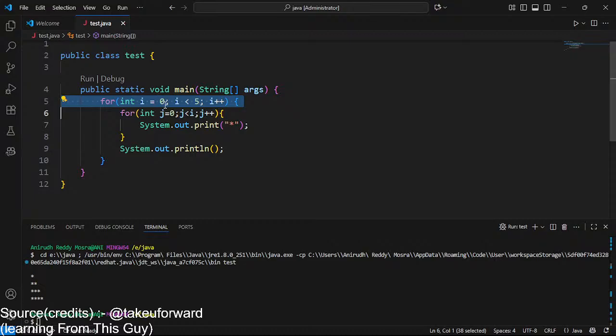So i equals to 0, i is less than 5, yes. It goes there, j equals to 0. First remember i is 0. It goes to this thing, checks i is less than 5, then prints one thing.